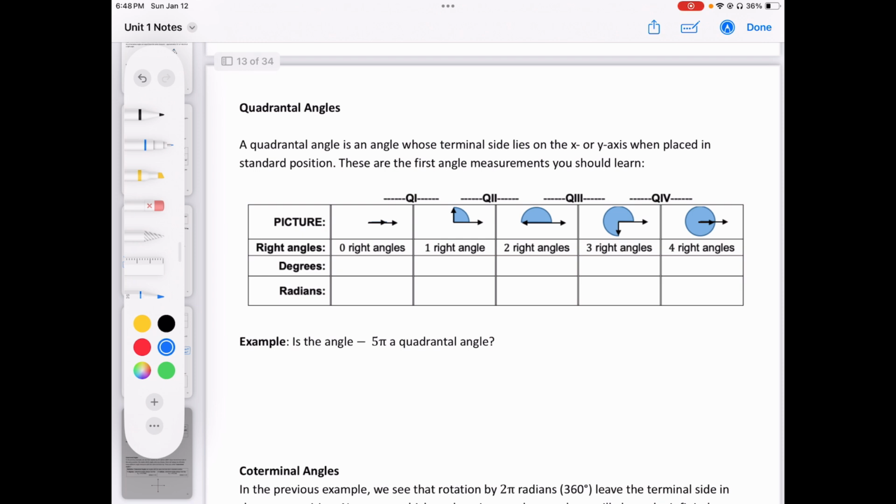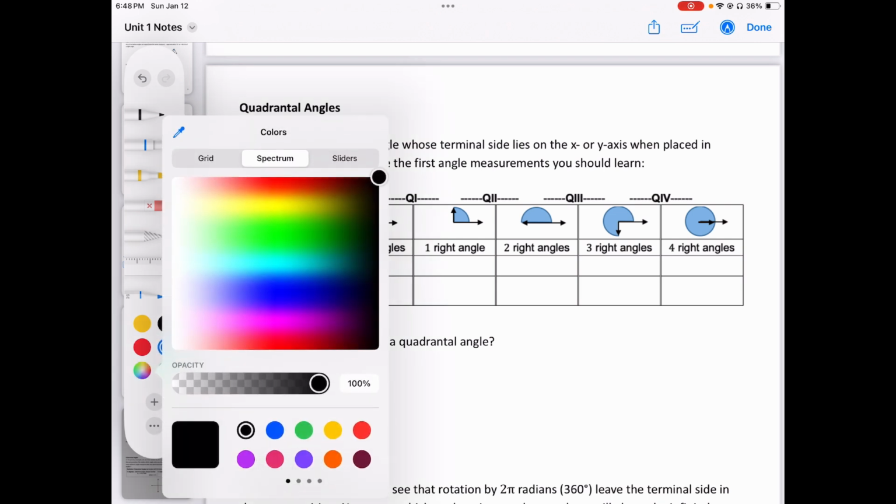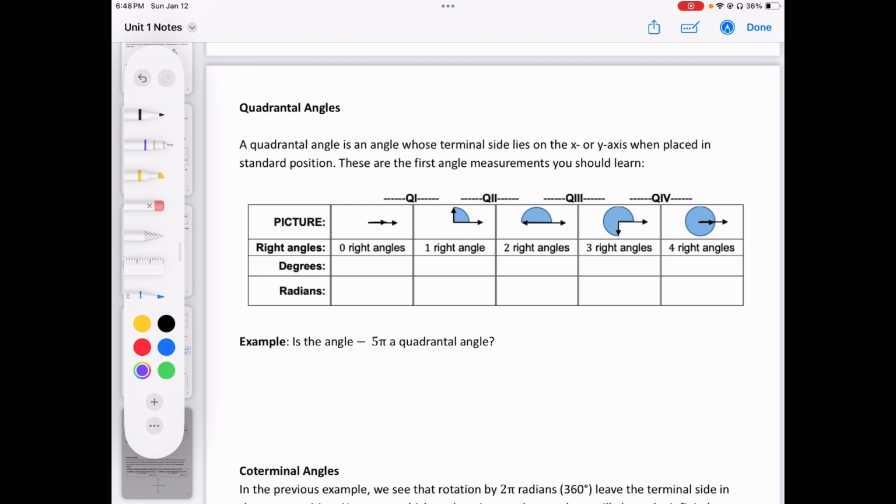Let's briefly talk about quadrantal angles. Quadrantal angles are at the 90-degree turns, okay? There are technically unlimited ones, right? You could have infinite loops around a circle. So starting at the very beginning, we have 0 degrees and 0 radians. If we move up, we have 90 or pi over 2.